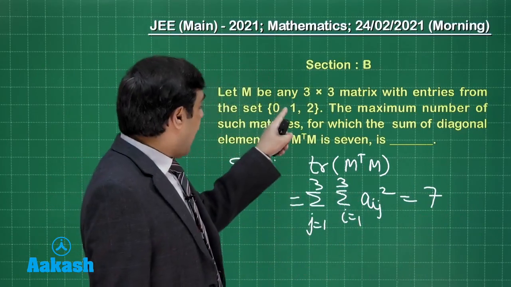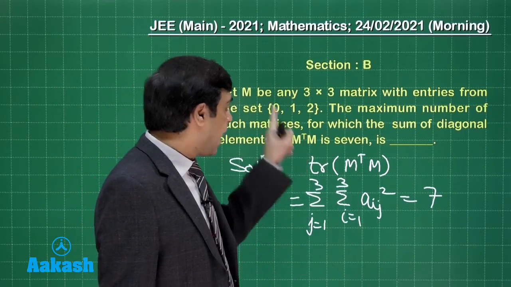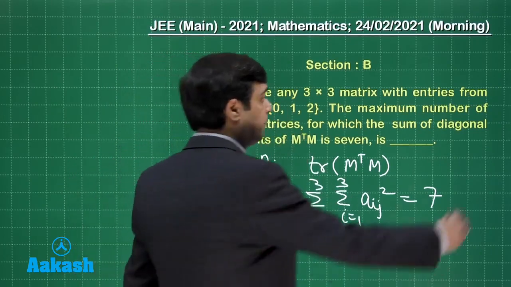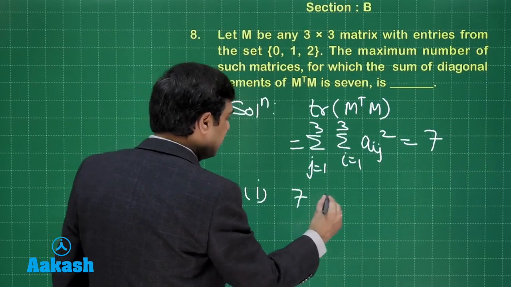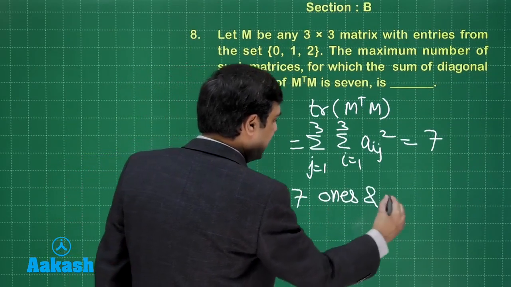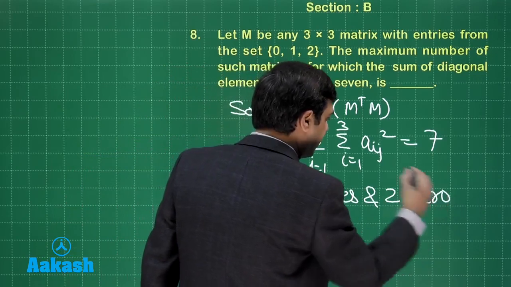All right. Out of these 9, if I say 7 are ones and 2 are zeros, so one possibility, 7 ones and 2 zeros.